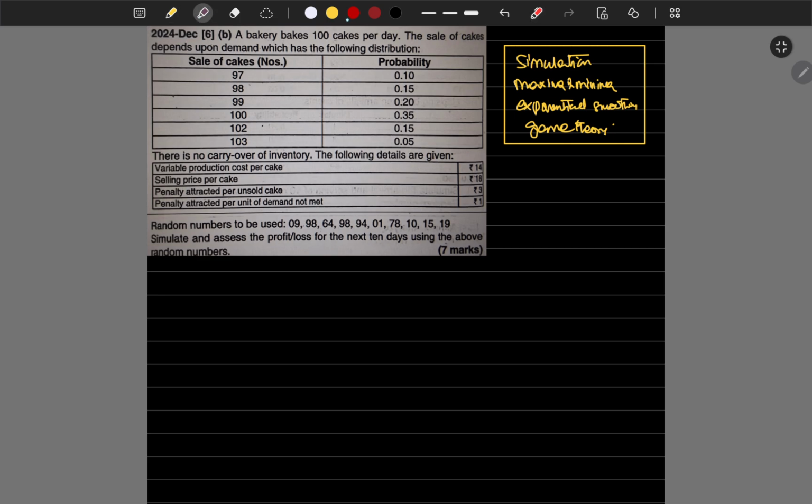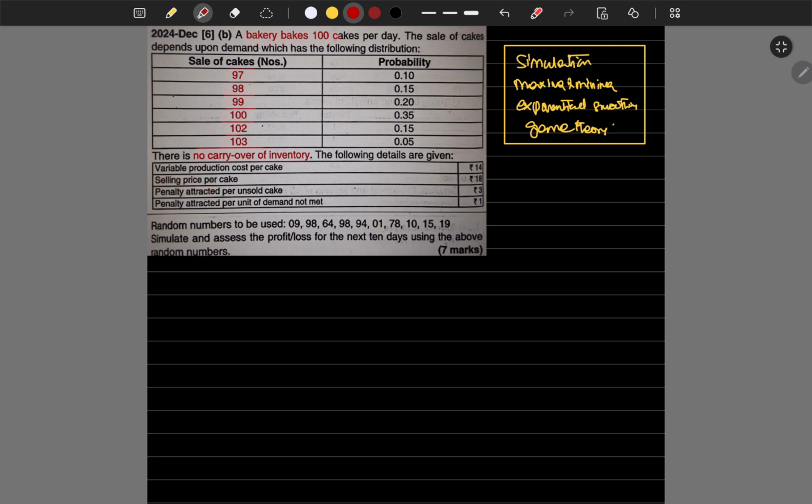Now, what they are saying: the bakery bakes 100 cakes a day. They have sales data and its probability of happening, based on past experience, and they have no carryover of inventory. The selling price and the penalty for unsold cakes have been given.